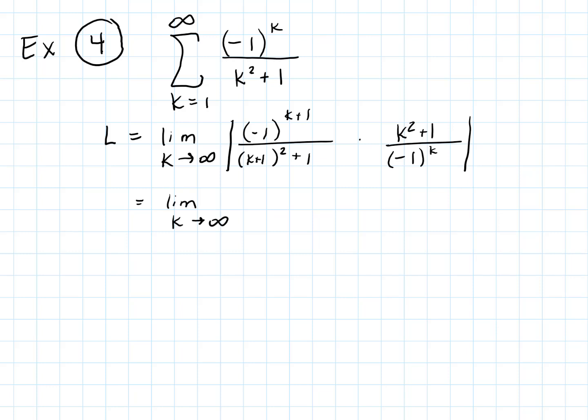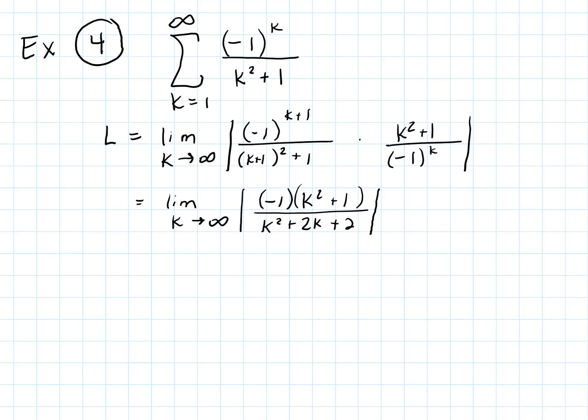And then go ahead, finish out the simplification here and take the limit. So just let k approach infinity. We'll have just a negative 1 here, and on the top, k squared plus 1. On the bottom, if I expand that out, I'm going to get k squared plus 2k plus 2, adding the extra 1 there outside the squared binomial.